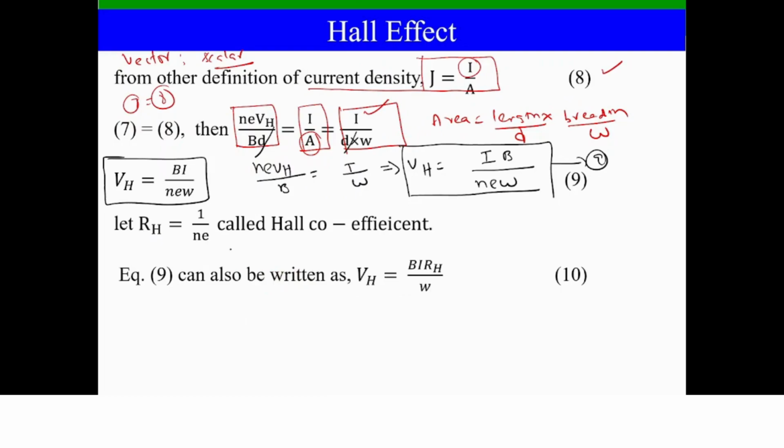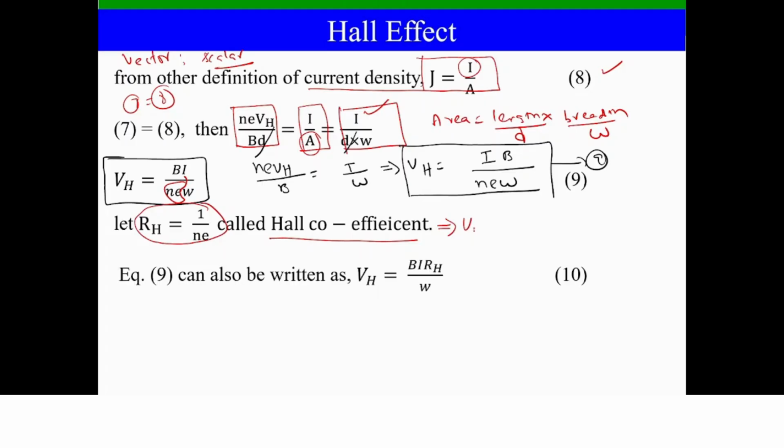In that expression, B is the magnetic flux density applied, I is the current passing through the semiconductor, N is the number of charge carriers, E is the charge of the charge carrier, and W is the width of the semiconductor. Okay. Now in the above expression, in place of 1 divided by NE, I am using one constant, that is called the Hall coefficient, represented by RH.